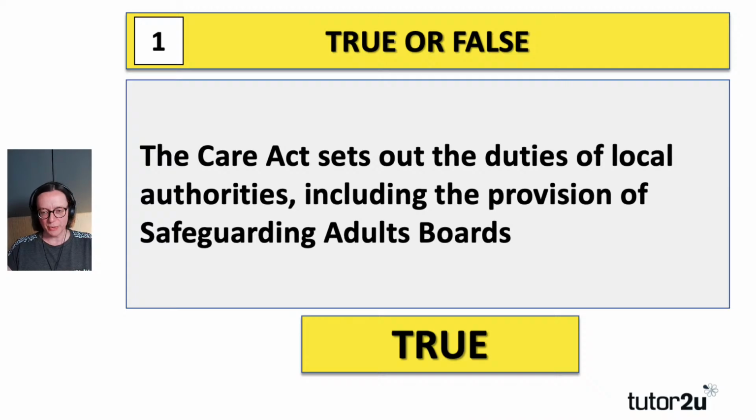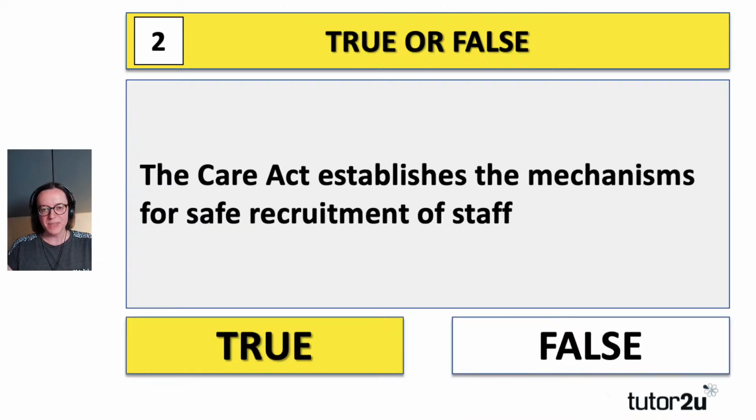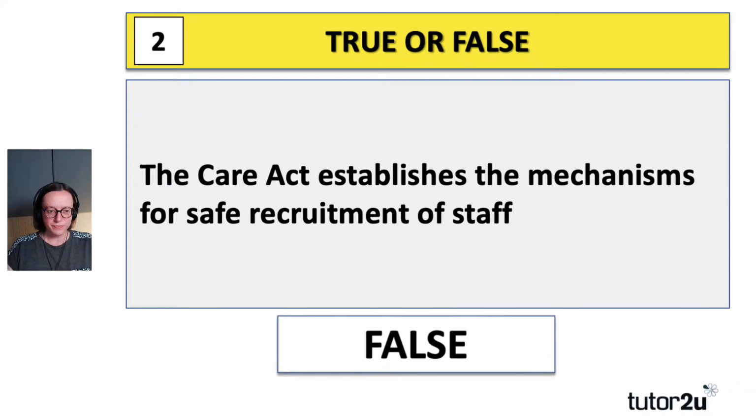Yep, true. Yeah, absolutely right. Okay. The Care Act establishes the mechanisms for safe recruitment of staff. Is that true or is that false? Is it the Care Act that does that or is it a different act? What do we think? This one is false.